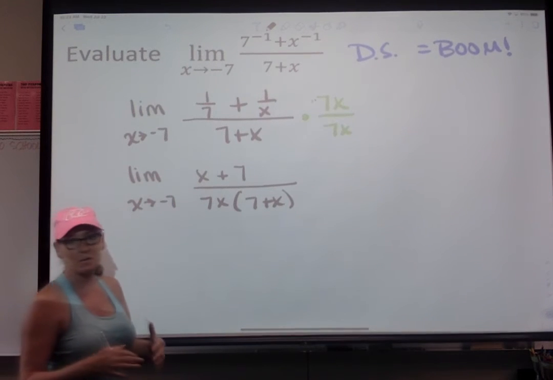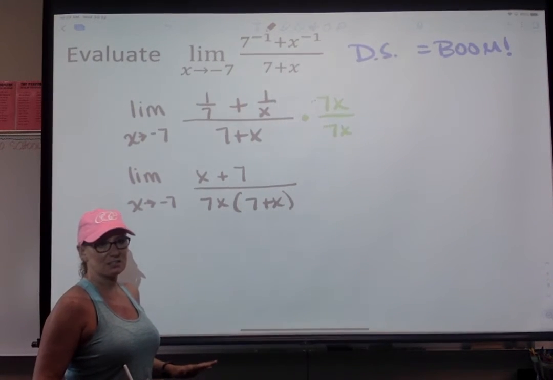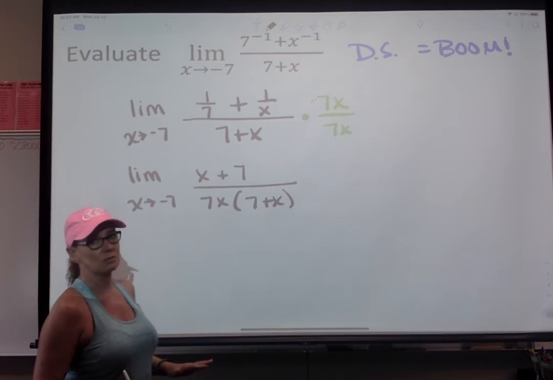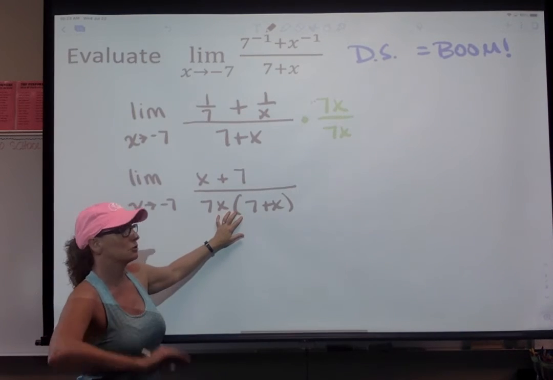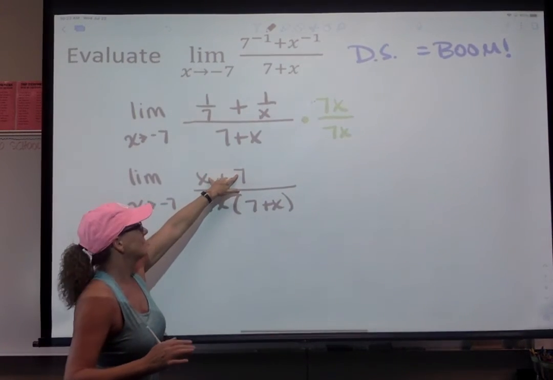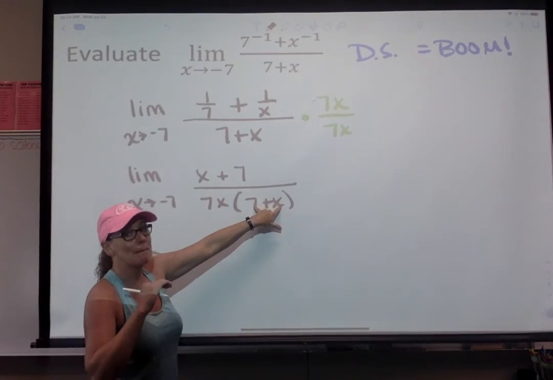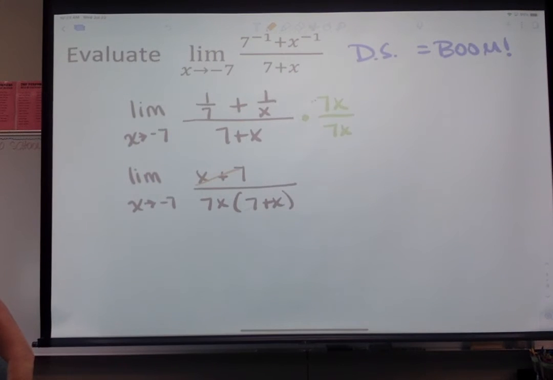That's a common theme. We're not gonna multiply out our denominators unless we have a really good reason to do so. And here I have a really good reason to not multiply out my denominator, because you can see that this binomial cancels with this binomial.